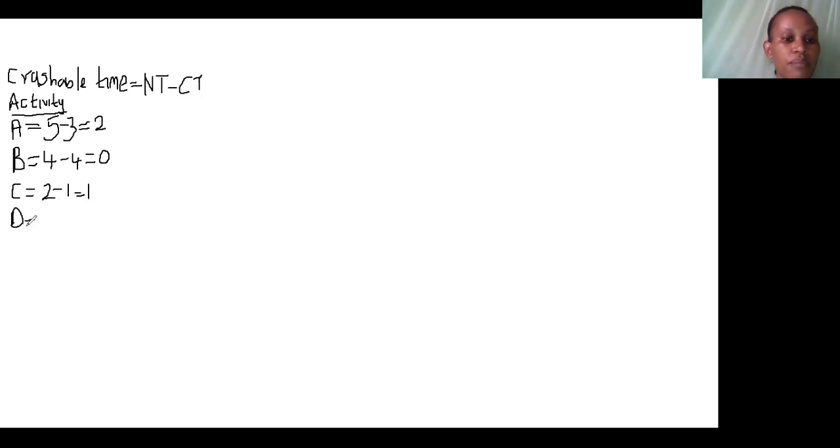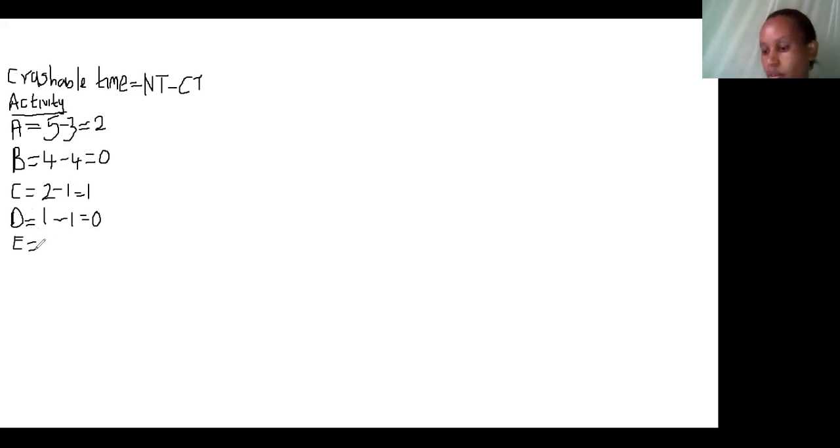Activity D has a normal time of 1 and a crush of 1, meaning again there is no time to crush it.